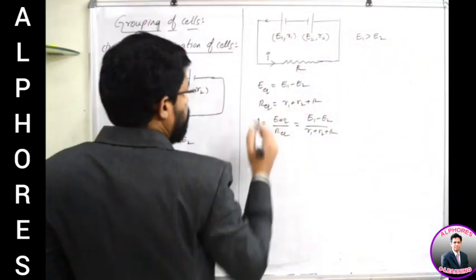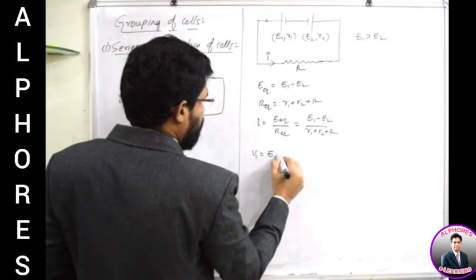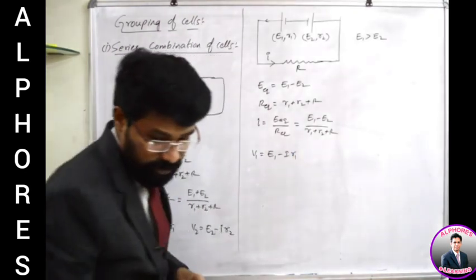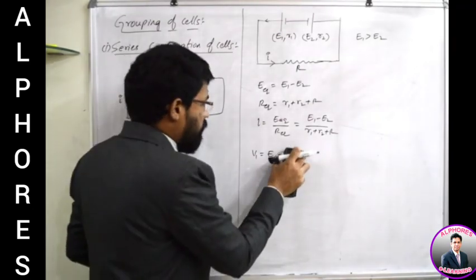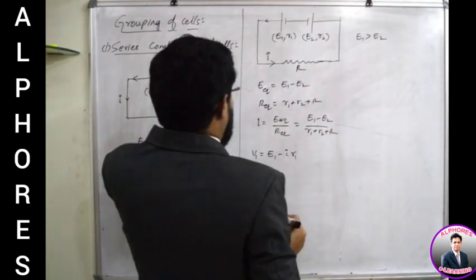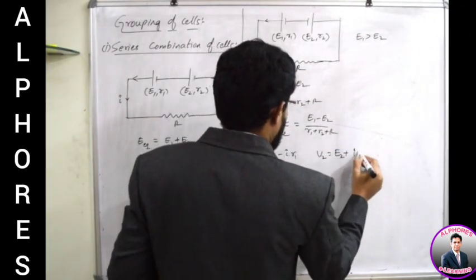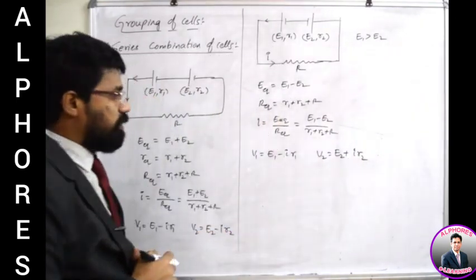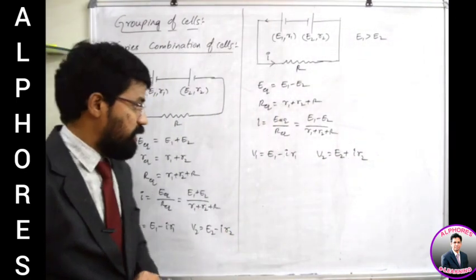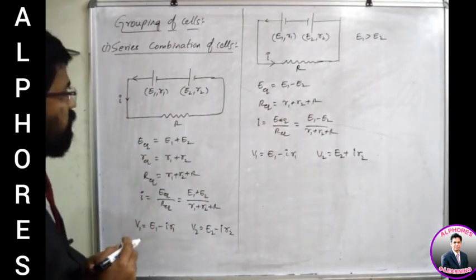Since this cell is undergoing discharge, the terminal potential across the first one can be written as V1 is equal to E1 minus IR1. And terminal potential across the second one is written as V2 is equal to E2 plus IR2. The plus sign is taken because it is undergoing charging, and here we have minus because it is undergoing discharge. So that's how you can have a brief idea about a series combination of cells.